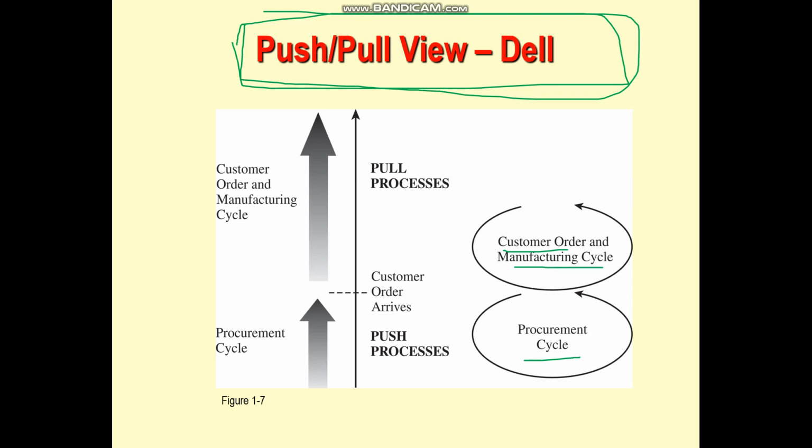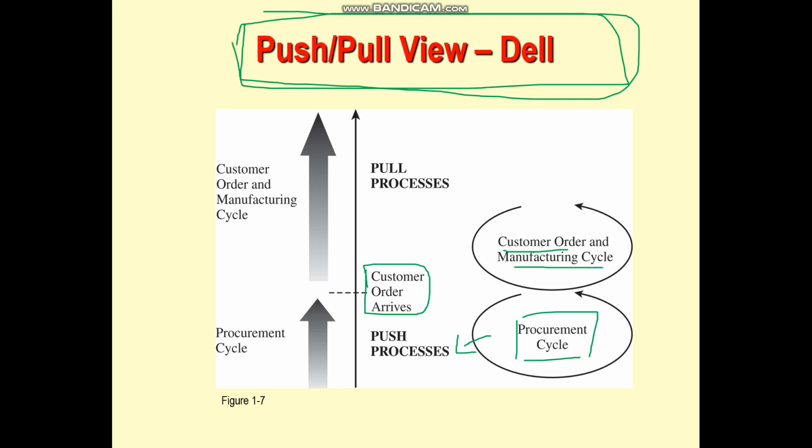But if we see this as a push and pull view, we will see the procurement cycle is a push process, because they buy their material before the customer order arrives, and they stock them.